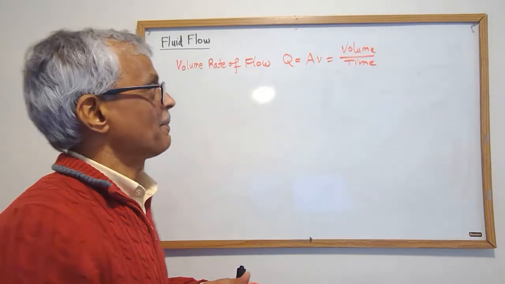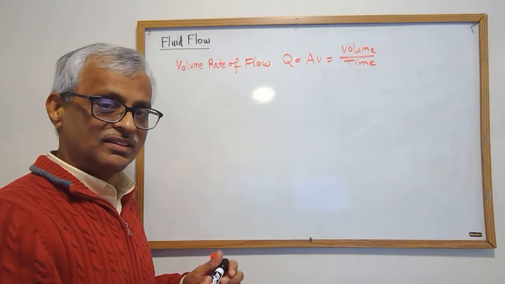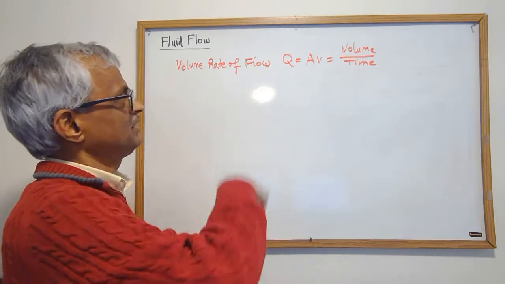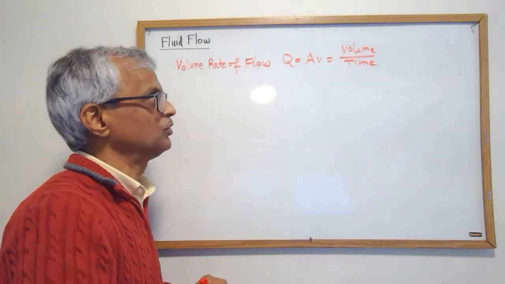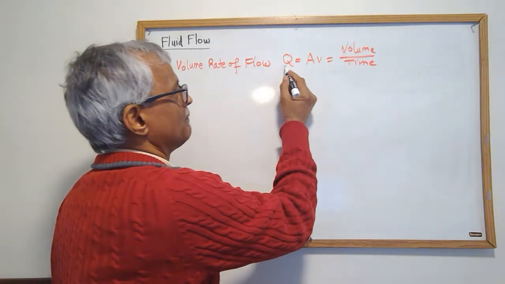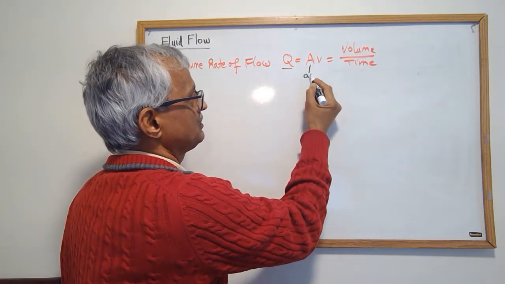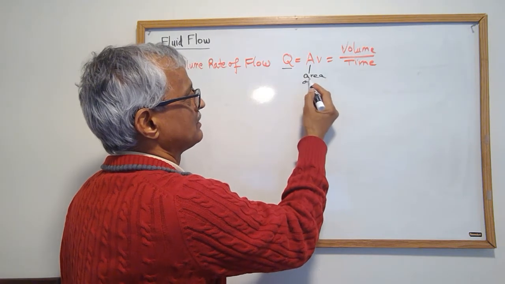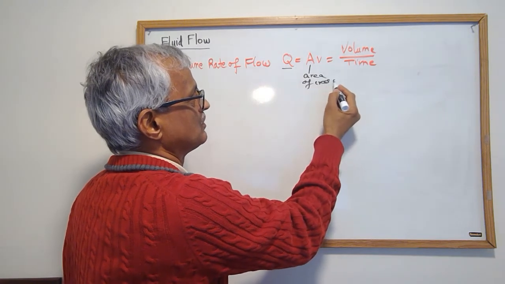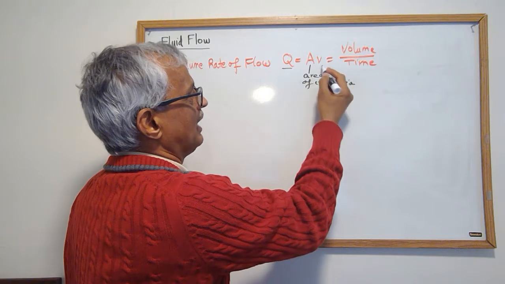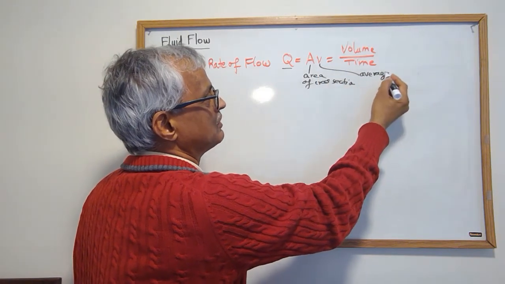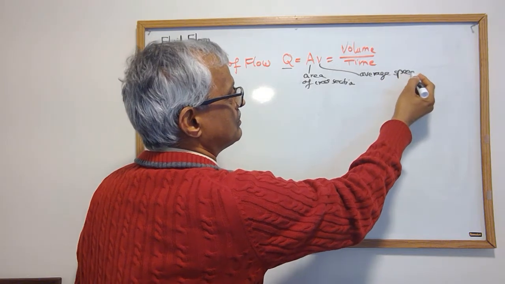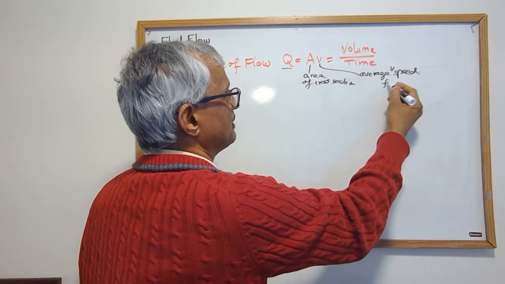Okay, so we just defined the volume rate of flow, and normally use the letter Q for it. This is the area of cross section, and this is some average speed, also called flow speed.